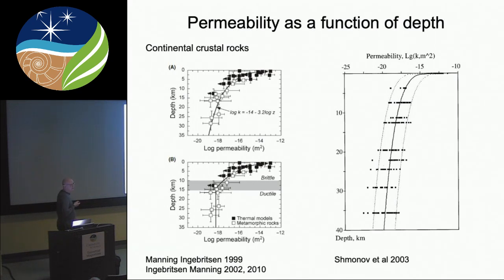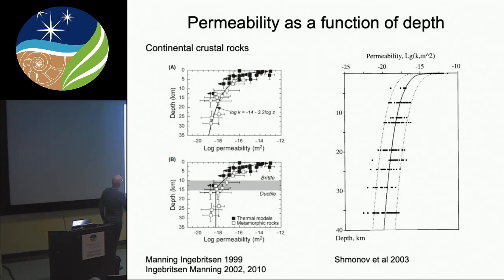So one of the motivations is also to understand how we can relate it to shorter scale deformation. So what do we know about permeability of rocks as a function of depth? We have some data on continental crustal rocks that come from the studies of Manning and Ingebritsen, which combine hydrological studies and metamorphic rock studies.